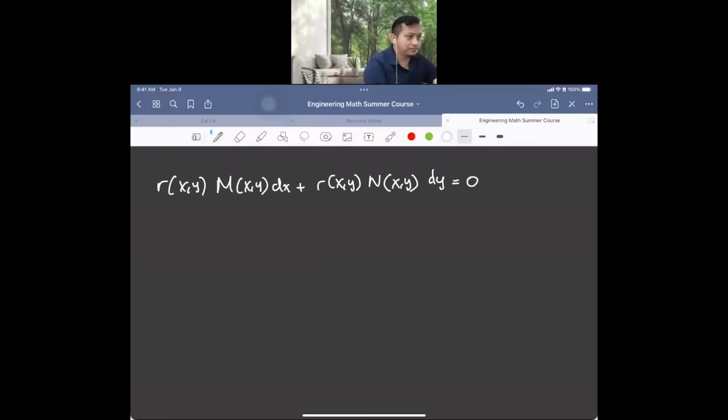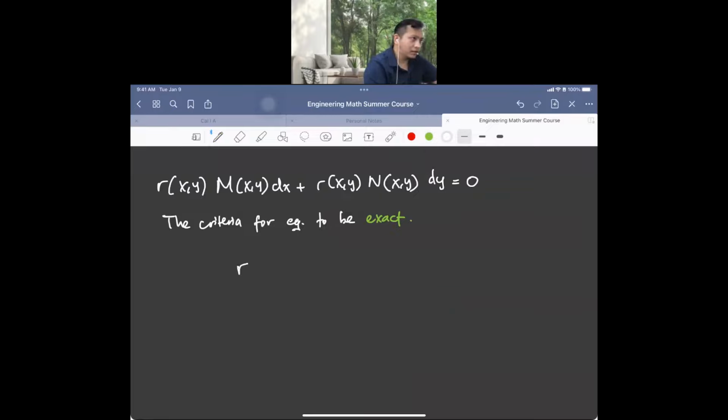Okay. Now, the criteria for equations to be exact. To remember that, we need to find the partial, right? Let me write.